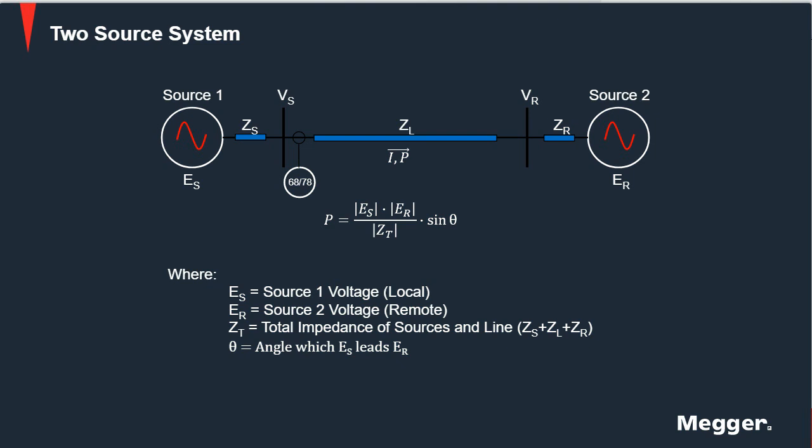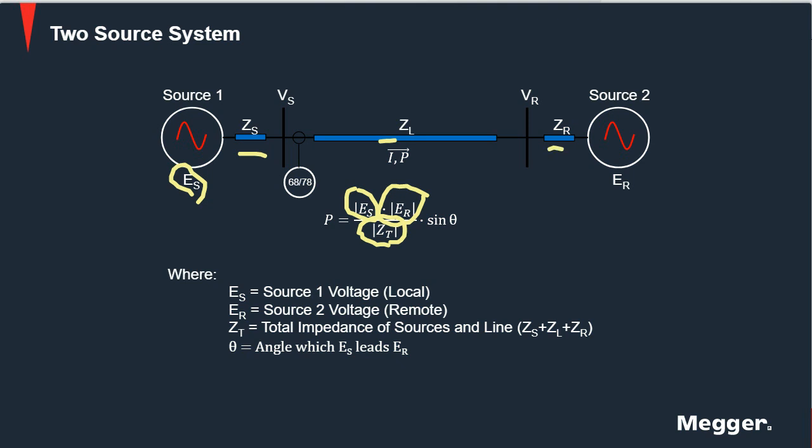So in any of these models, we can establish the power transfer equation, and the power transfer equation is going to be given by the product of the voltage of the sending source, or the original source, and times the voltage on the receiving source, divided by the total impedance, and the total impedance is going to be the sum of all the impedances that are between the 2 sources.